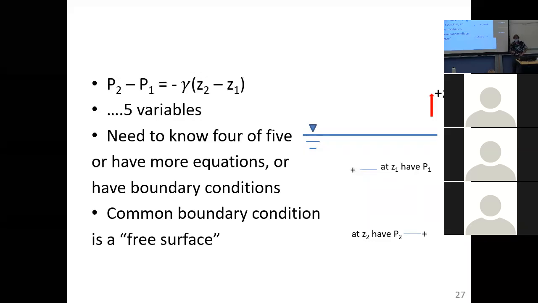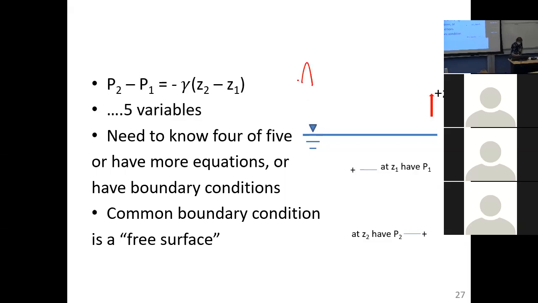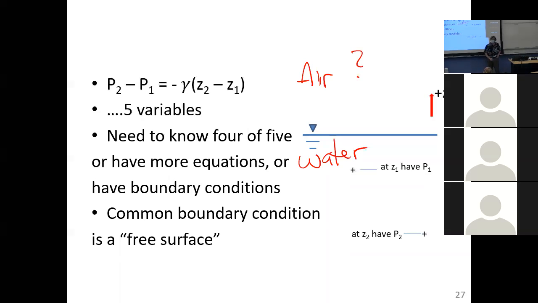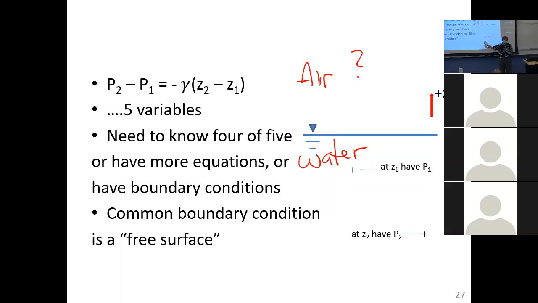So for example, if this is air, remember, think of a swimming pool, and this is water. What pressure is above the fluid surface? One atmospheric pressure. And atmospheric pressure in a local gauge datum is what?